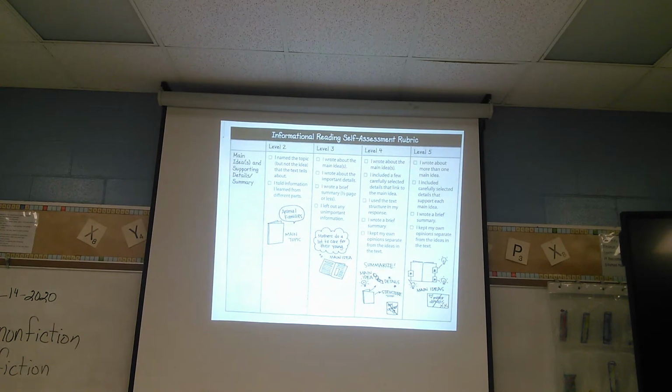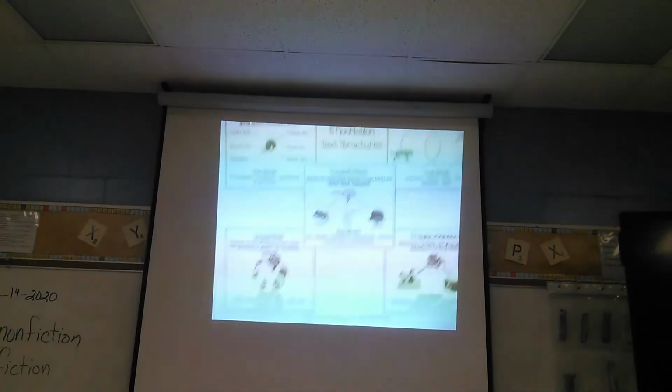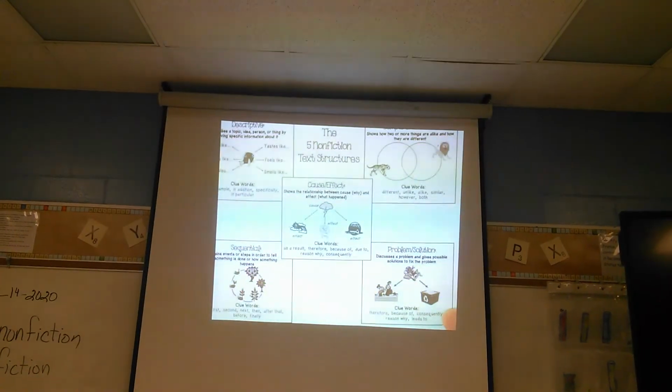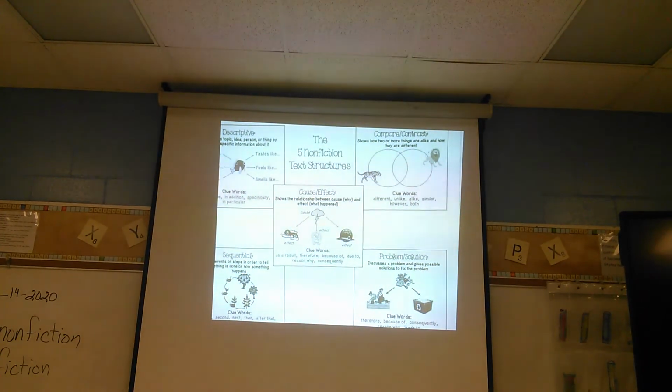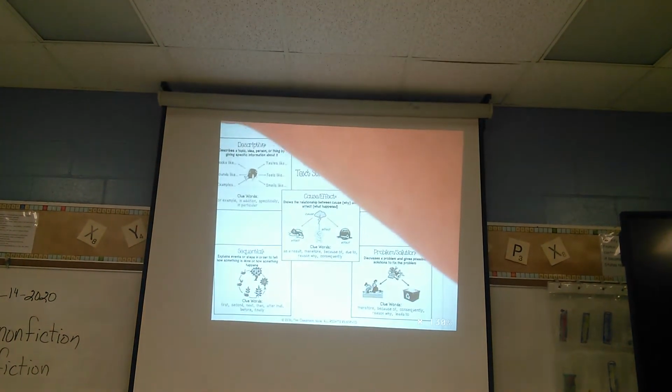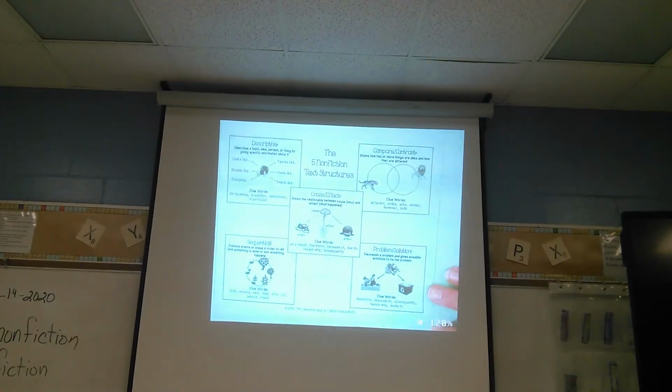One of the things that you can use, and I hope you remember to use it, is the chart that we have in our green packet that talks about the different types of text structure. When we're identifying text structure, we not only consider the content, but we consider the keywords and phrases that are used.